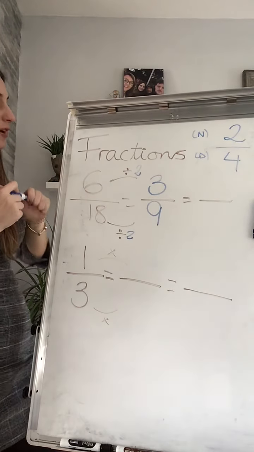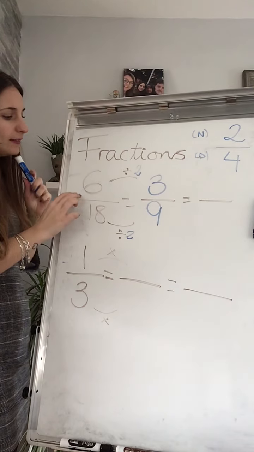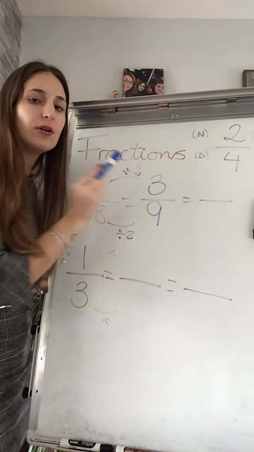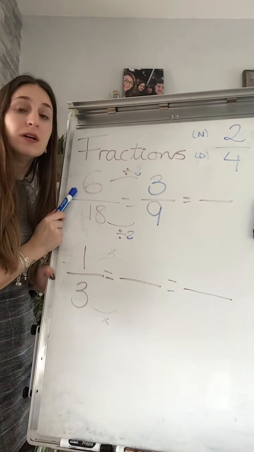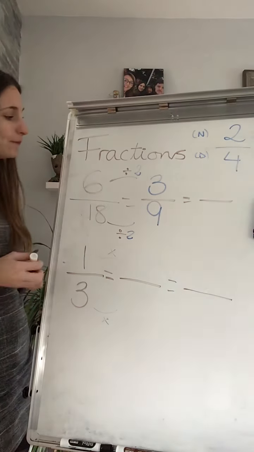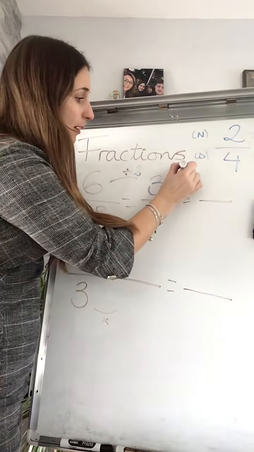Okay, let me try to think now of another one. Can I find 6 and 18? I've done 2, I'm going to go now for 3. Can I find 6 on my 3 timetable? Yeah? Can I find 18 on my 3 timetable? Yeah. So I'm going to divide 6 by 3. 6 divided by 3 is 2.